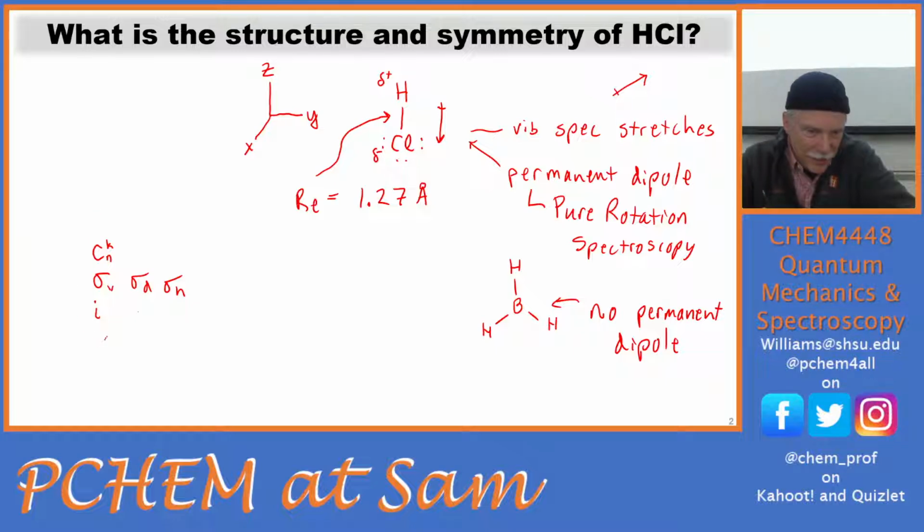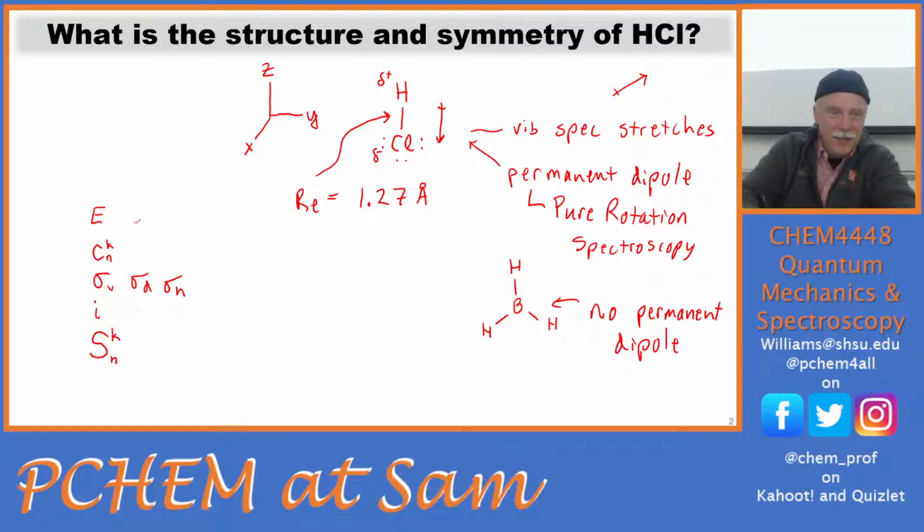Improper rotation, thank you. So that's an S, N, K. And then the last one, it's on every character table. First column. Identity, yeah, E. So E is identity.